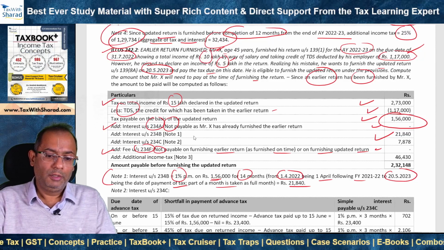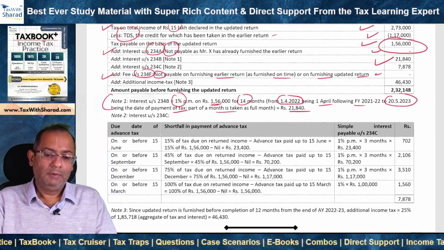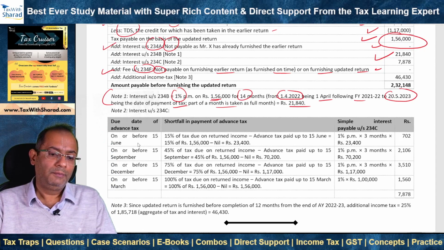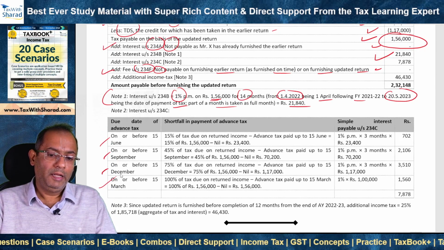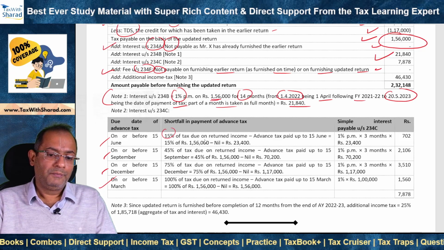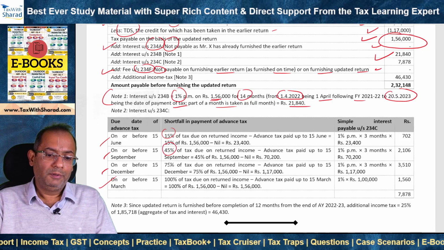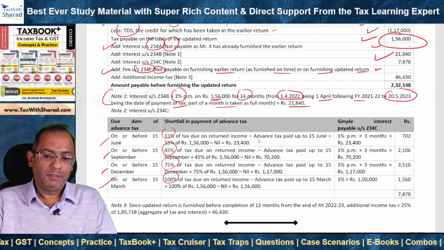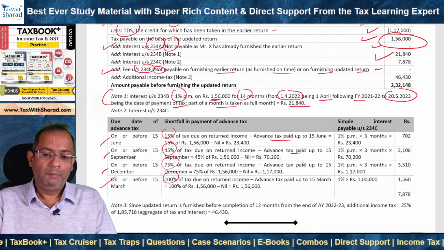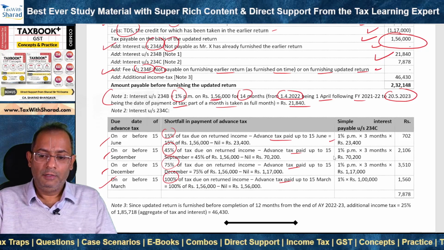Interest under section 234C for deferment of payment of advance tax. We will compute this in the same fashion as we did for situation 1. So these are the 4 due dates, and 15% of tax due on return income needs to be paid, 45%, 75% and 100% needs to be paid, and then we need to reduce the advance tax paid up to the relevant due date, and accordingly we will figure out.